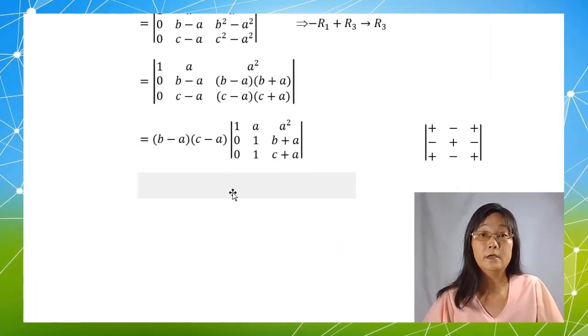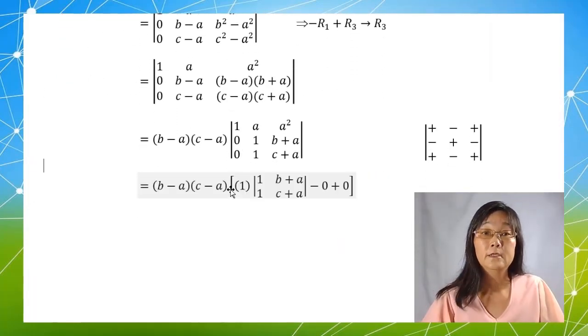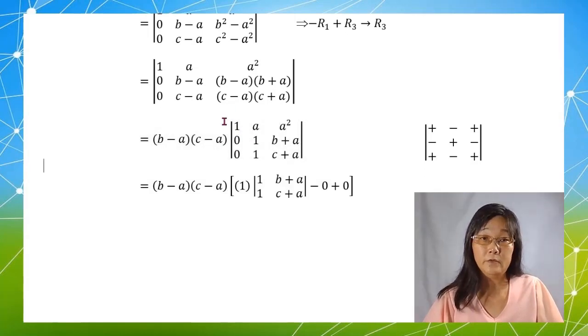So now to find the determinant, I'm going to use the first column, where I changed the elements into 1, 0, 0. So by using the first column, the first number is plus 1 multiply 2 by 2 determinant 1, b plus a, 1, c plus a.